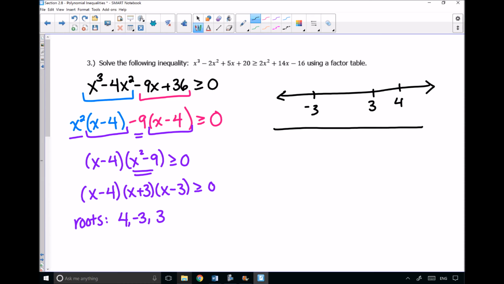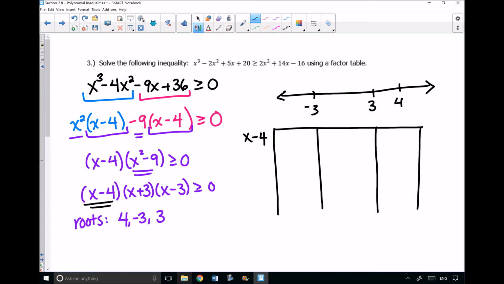My factor table is going to be based on these different sections. My first factor is x minus 4, so I'm going to put x minus 4 right here. The next factor is x plus 3, so I'll put x plus 3 right here. And my last factor is x minus 3, so I'll put x minus 3.